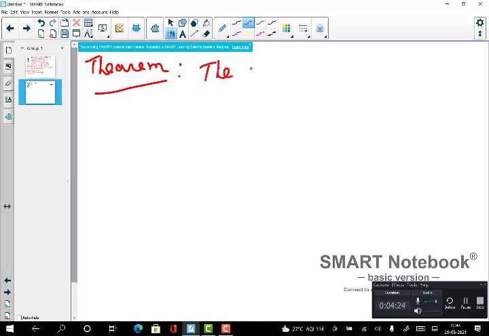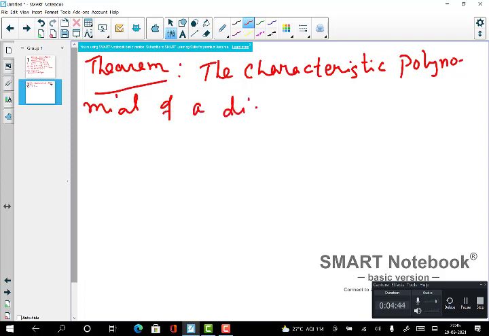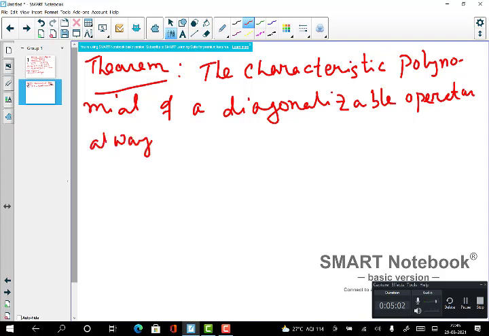The characteristic polynomial of a diagonalizable operator always splits over the same field. Okay.